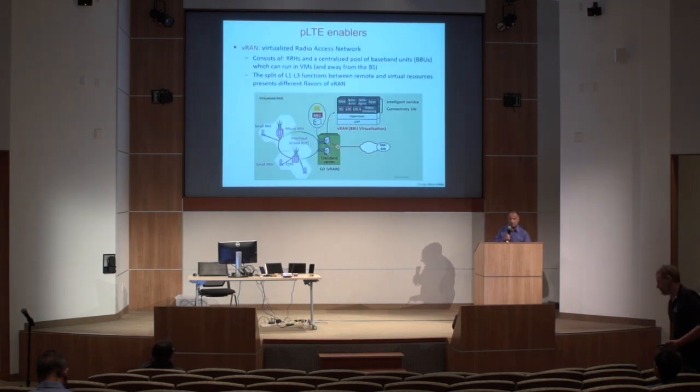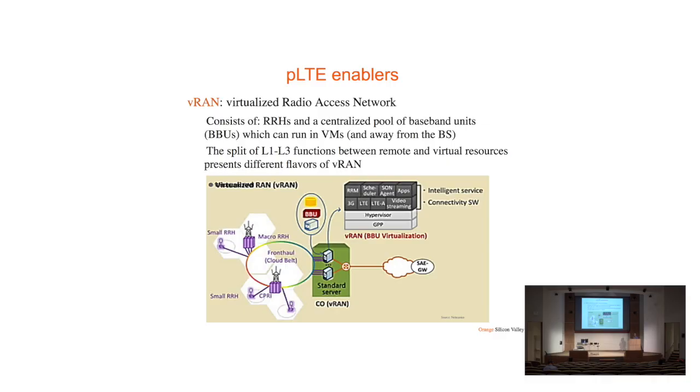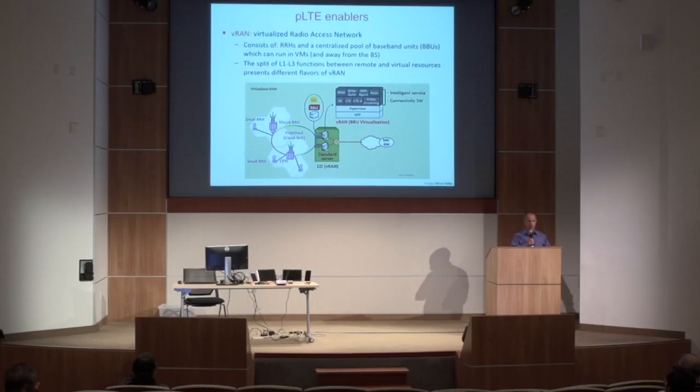So what really enables private LTE on the radio access side is a vRAN. vRAN stands for virtualized radio access network, and it consists of a number of remote radio heads, or remote units as they're called, and also a centralized pool of baseband units. That's where all the processing takes place, and everything is virtualized, so it can even run at a base station.